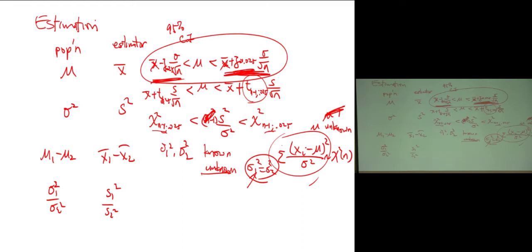Oh, there's also the paired scenario. That means although I see x and y, they're not from two independent samples.